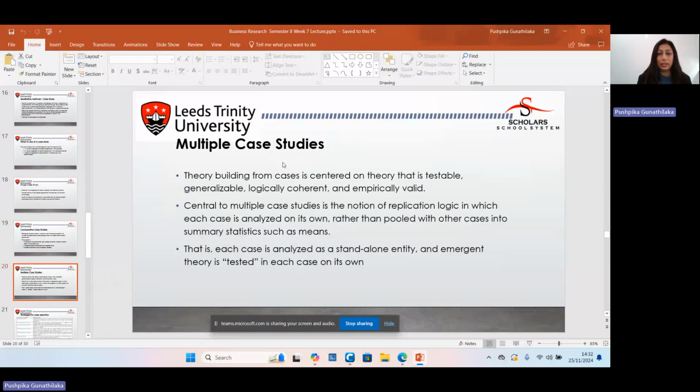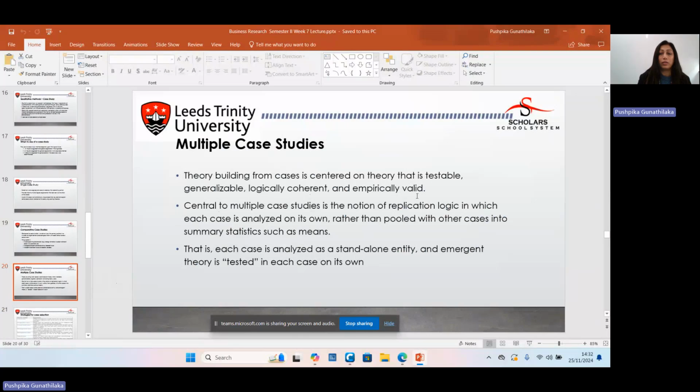Multiple case studies is in contrast with single case study. You are conducting your research in a couple of cases, a couple of companies, contexts, situations to explore more knowledge. So theory building from cases is centered on theory that is testable, generalizable, logically coherent, and empirically valid.